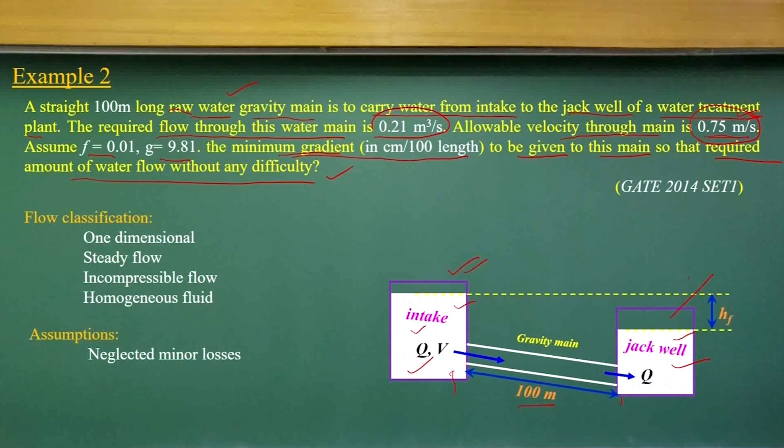That means, you compute the energy loss, multiply it by the length, and that gives us the total energy loss. If I know the total energy loss, then I can know the gradient, or the potential energy head, I have to provide to have this flow.